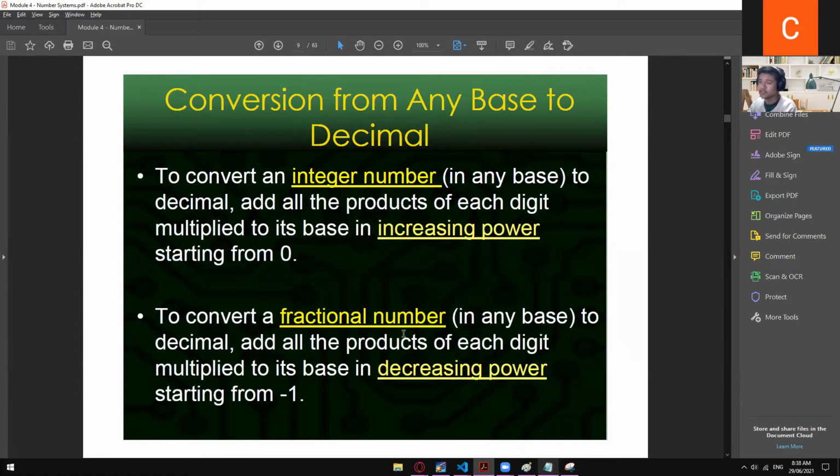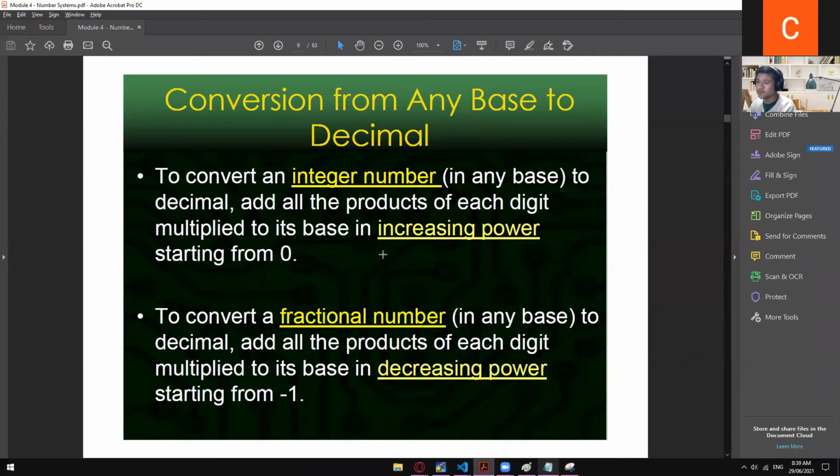And to convert a fractional number, so this one is a whole number and this one is fractional or decimal, in any base to decimal, add all the products of each digit multiplied to its base in decreasing power starting from -1. I know that if you're going to analyze and understand this right now, you're going to have a hard time unless you see an example.